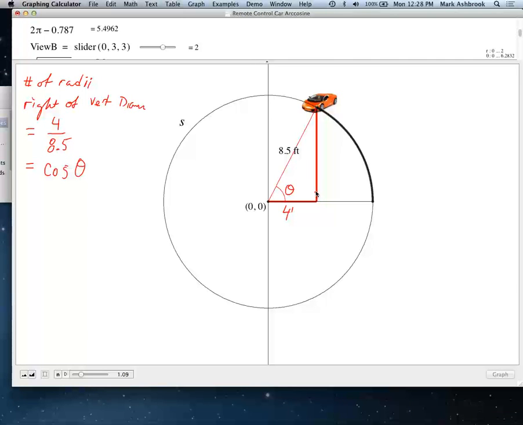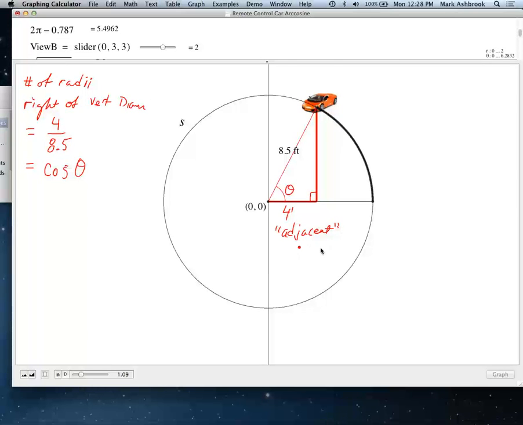Now look, we made a right triangle here. So the right triangle has 2 legs. One of those legs is next to the angle theta, and the other leg is across from, or opposite. This leg that's next to the angle, another word for next to is adjacent.